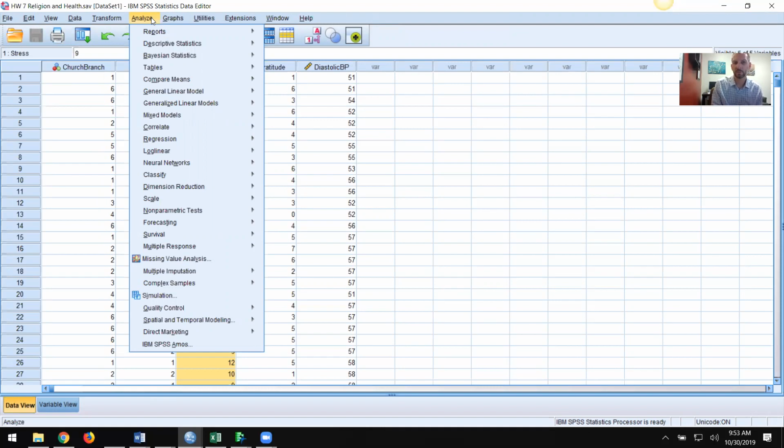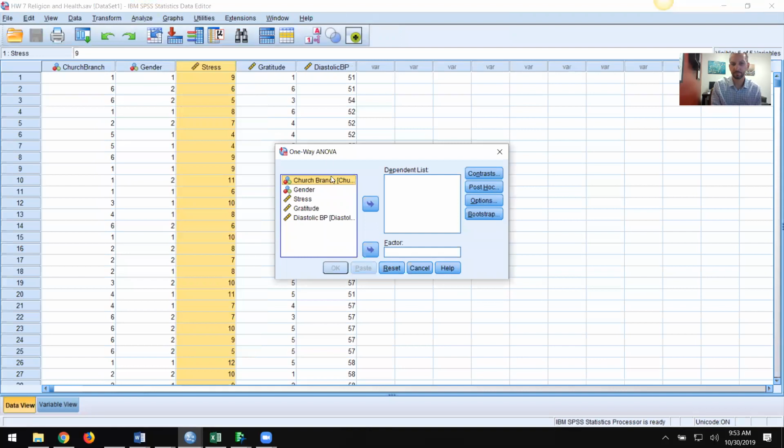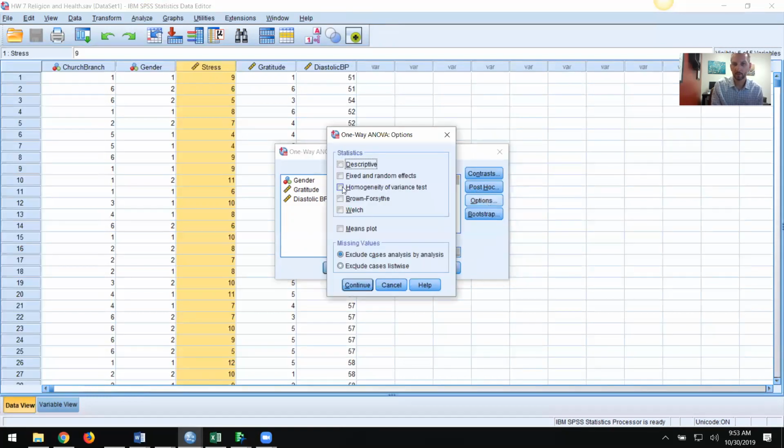Now, coming back, the fourth assumption is the equality of variance. For this one, you actually have to run the one-way ANOVA to obtain it. So I'm going to run the one-way ANOVA. Again, my factor is church branch, and the dependent variable is stress. Because I want the equality of variance test run, I'm going to click on options and click on homogeneity of variance.